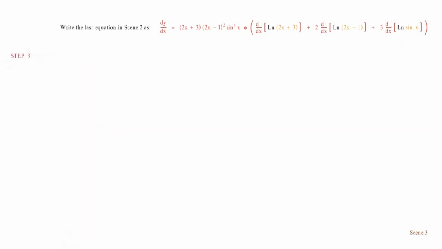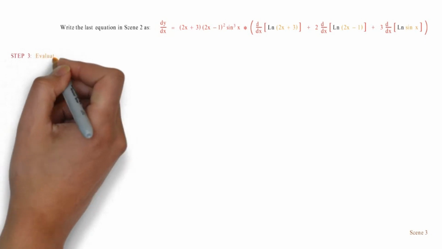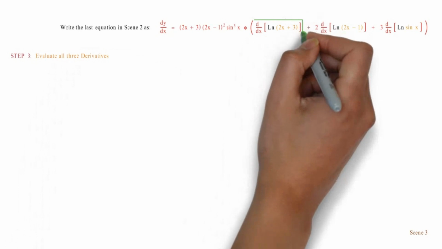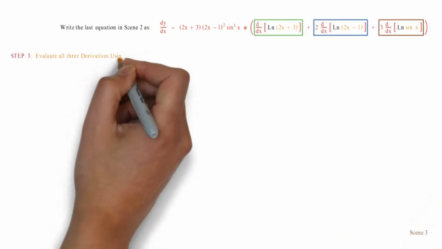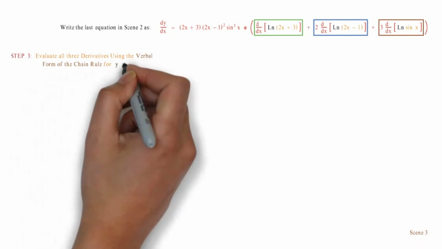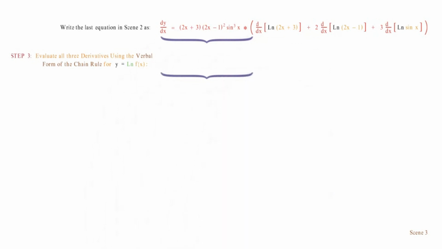Step 3. Evaluate all 3 derivatives using the verbal form of the chain rule for y equals ln of f of x. Bring down.